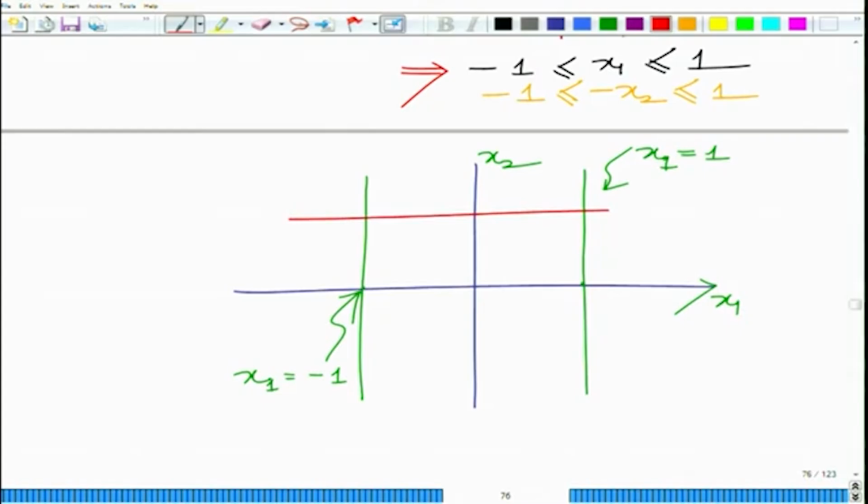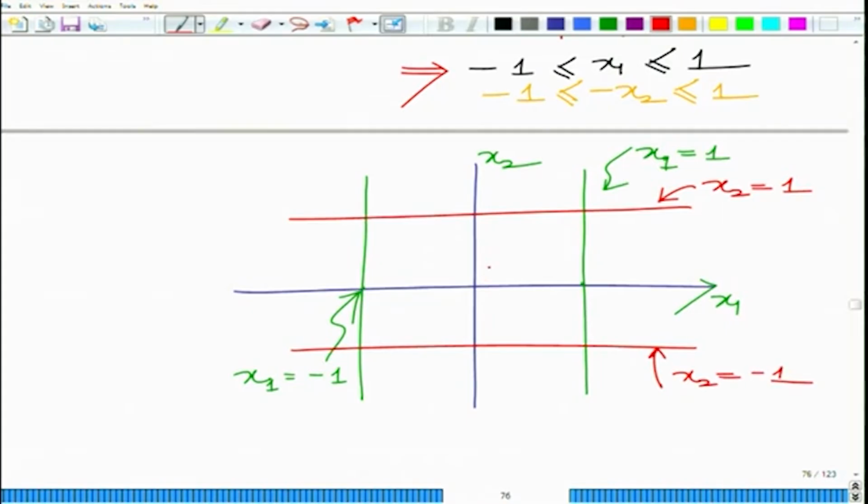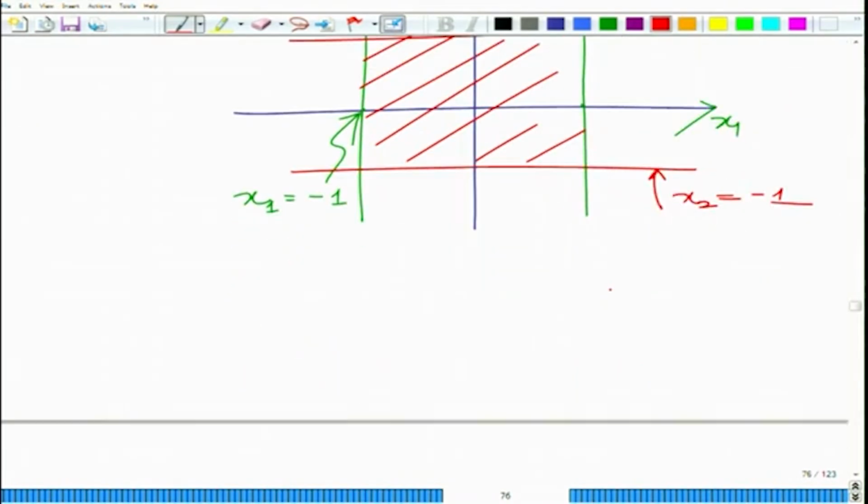Similarly, this corresponds to the hyperplane x2 equal to 1, and this corresponds to the hyperplane x2 equals minus 1, and now the region between these hyperplanes, this polyhedron, is in fact your L infinity ball.